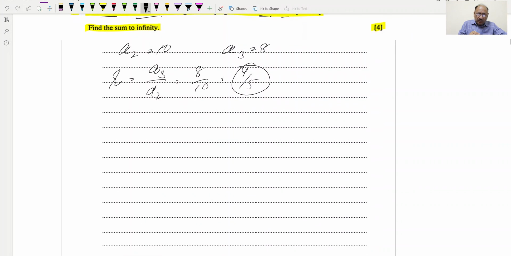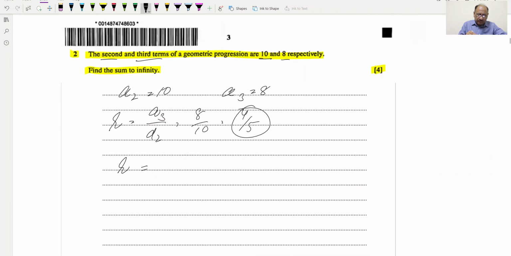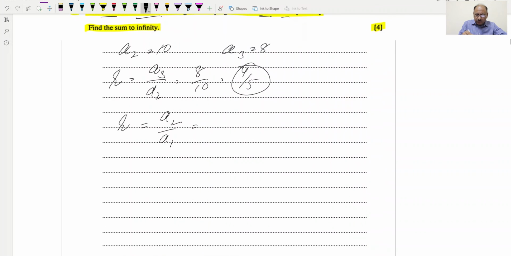Now, r is equal to, for the first term, the second term over the first term, which is equal to 4 by 5. So what we have done is utilized the second and third terms and found the value of r, and then this r value we will use to find the value of a1, since a2 we already have.